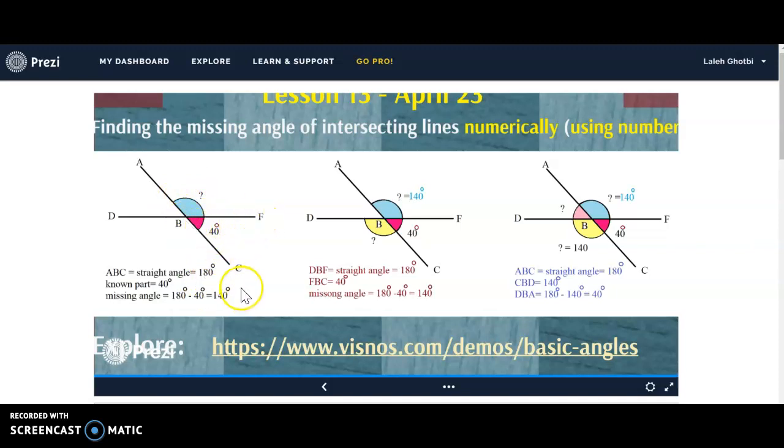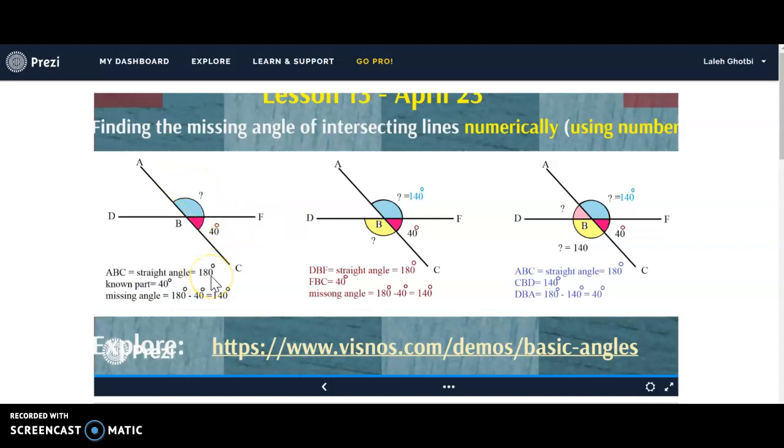Angle FBC and FBA are supplementary angles, remember from previous lessons? Because if I add them, I'm going to make a straight line or straight angle, and the measurement is going to be 180 degrees. Again, from previous lessons, we can use the part-whole strategy, and you can use either number bond or tape diagram models to solve for the missing angle.